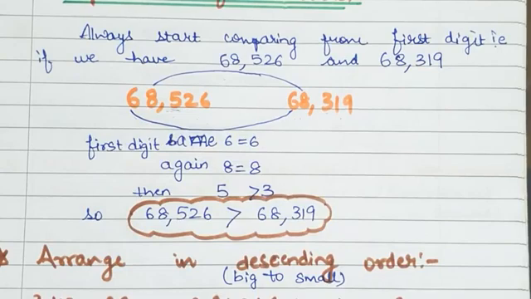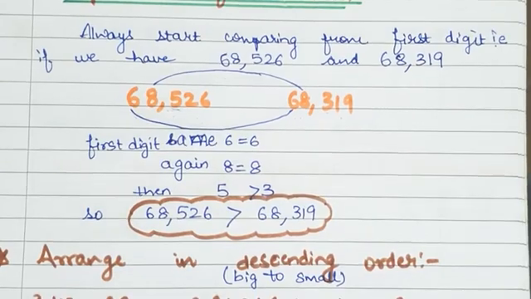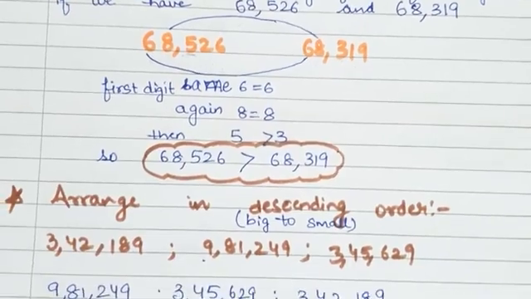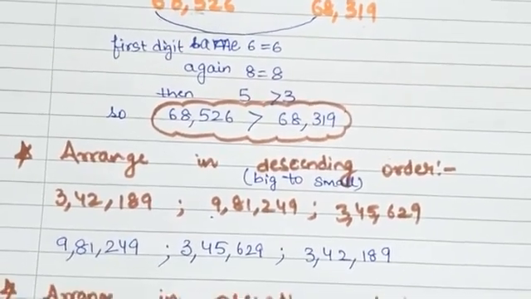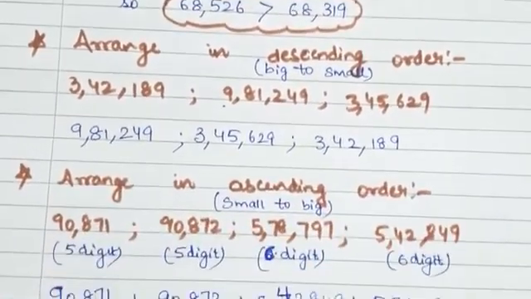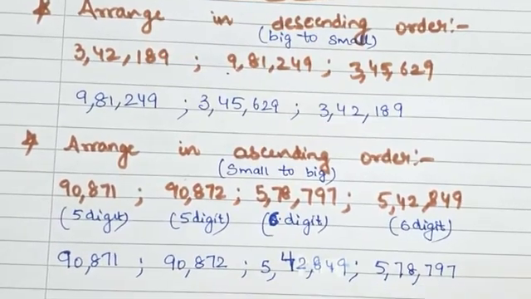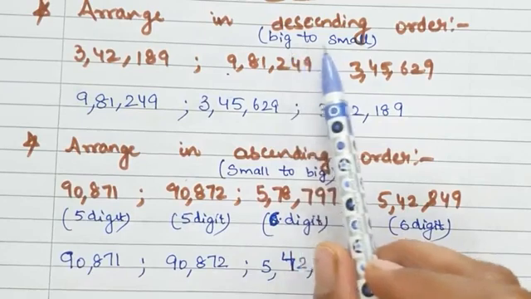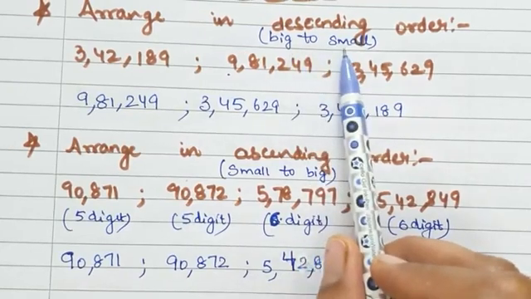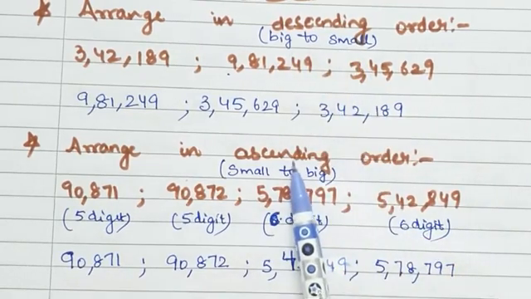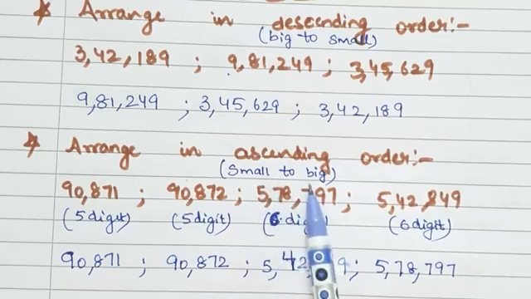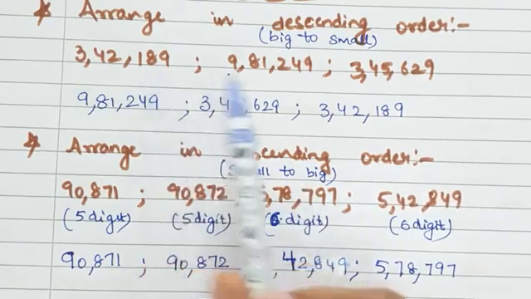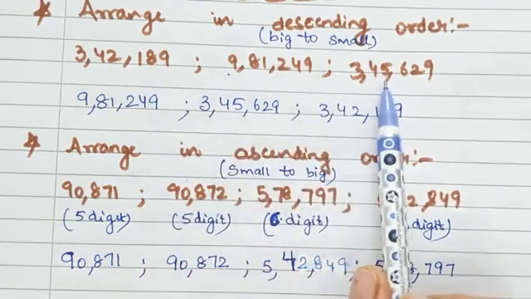Clear? Now let us discuss how we can arrange the given numbers in descending as well as in ascending order. Descending means bigger to smaller, and ascending means smaller to bigger. Now we have been given 3 numbers.